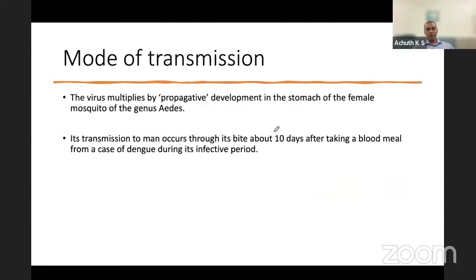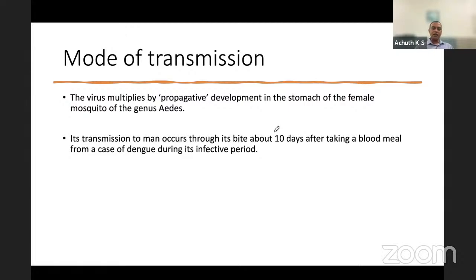Mode of transmission. Virus multiplies by propagative development in the stomach of the female mosquito, and its transmission occurs through bite about 10 days after taking a blood meal from a case of dengue. That is, an infected mosquito can only cause you dengue. There's a special characteristic of this also.